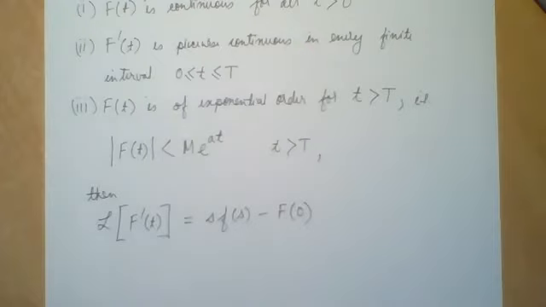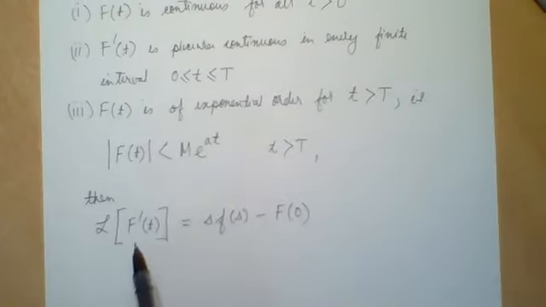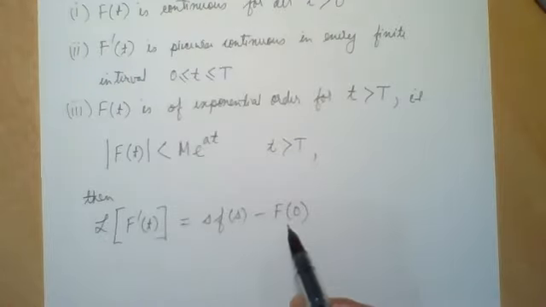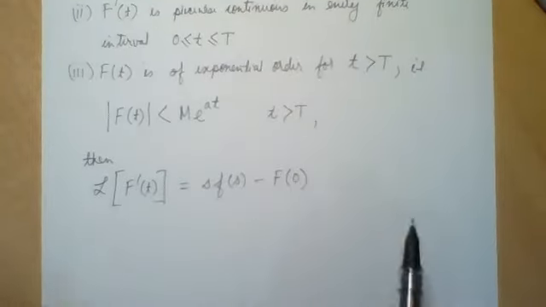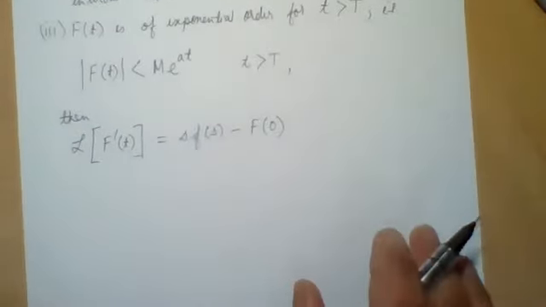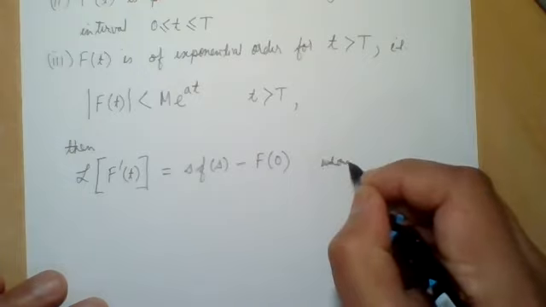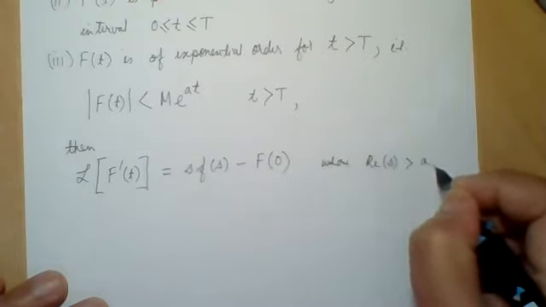Okay, so this is the Laplace transform of the derivative of a function. This is equal to s times the Laplace transform of the function minus the value of the function at t equal to 0. We should write here, where real part of s is greater than a.